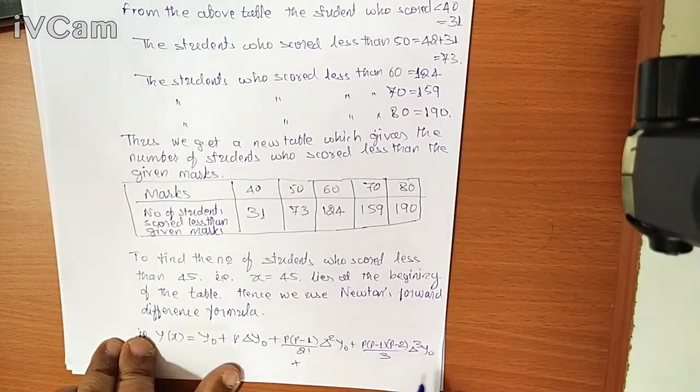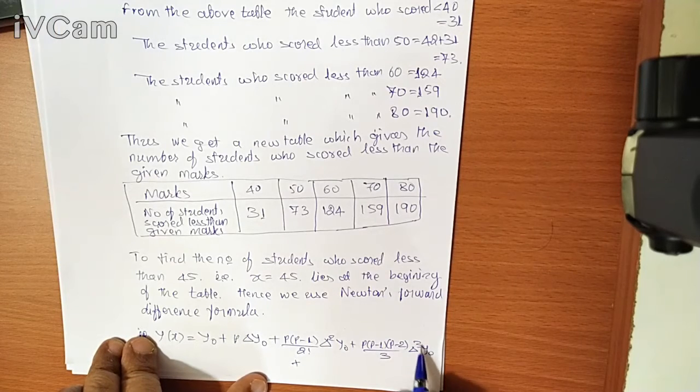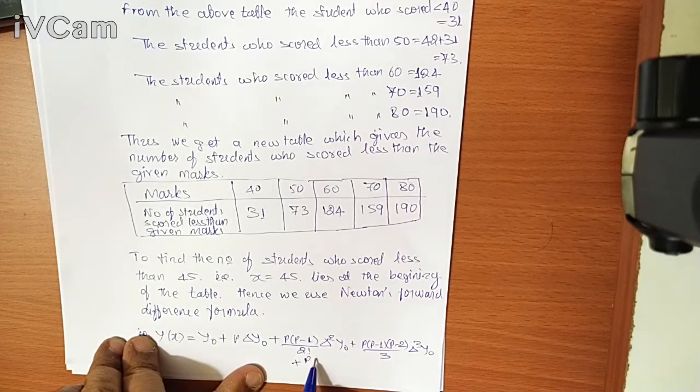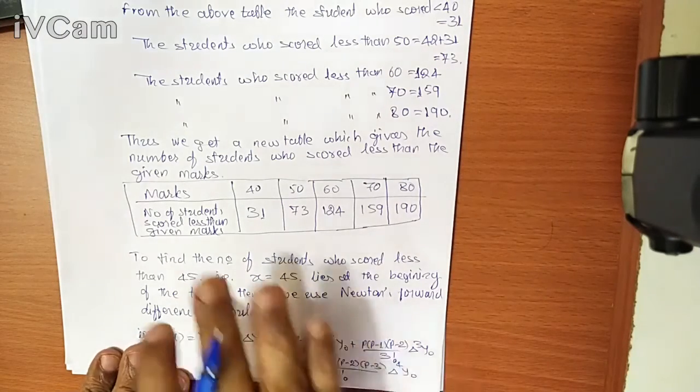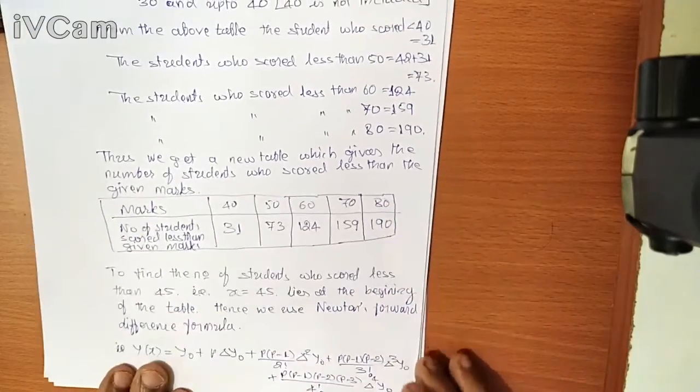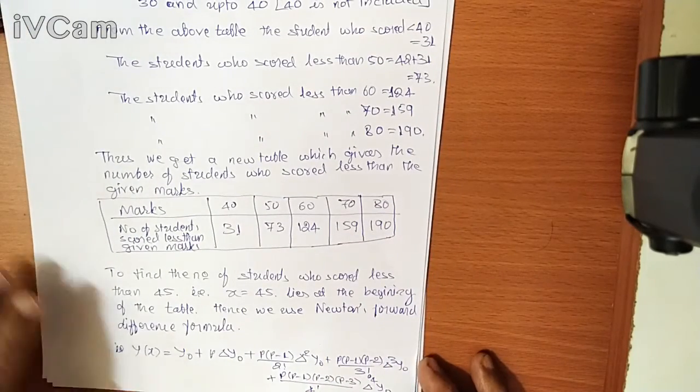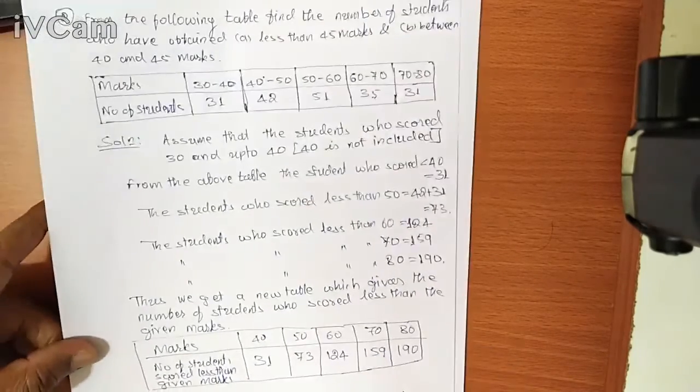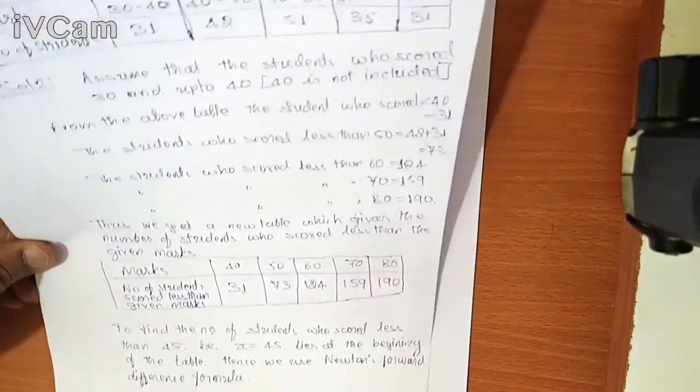Here it is del cube, now I'll go to del raised to 4 terms: p into p minus 1 into p minus 2 into p minus 3 divided by 4 factorial del raised to 4 of y naught. So since 5 points are given, I'll have fourth order forward difference.